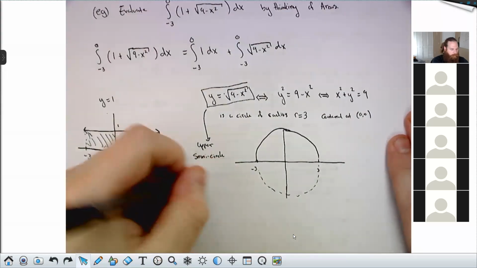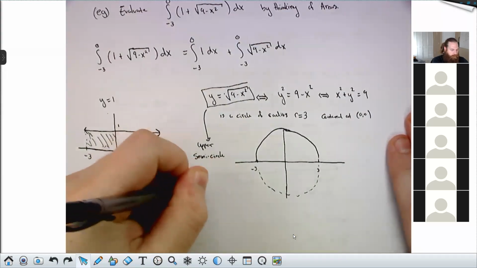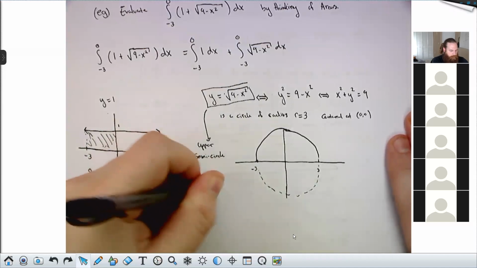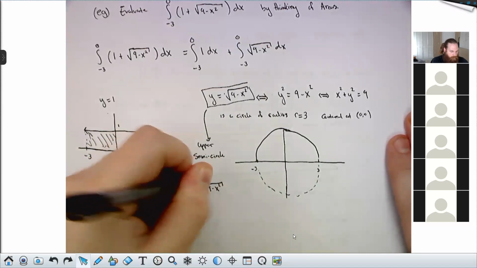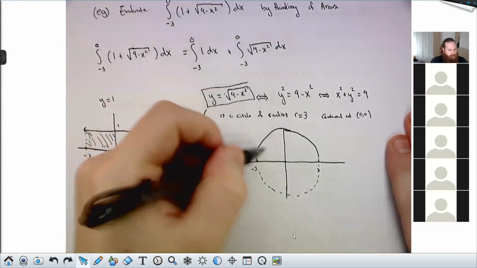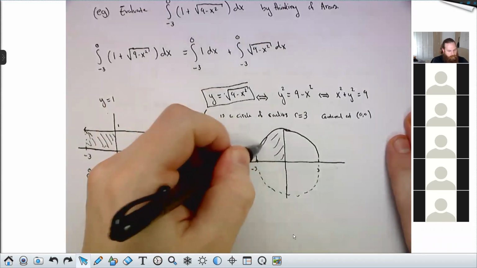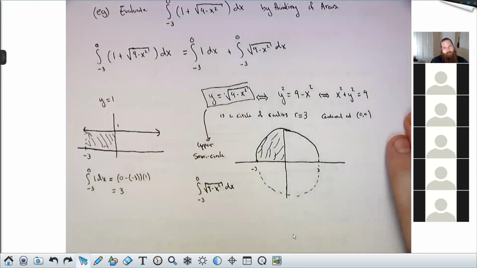Which means the integral from -3 to 0 of the square root of 9 minus x squared dx, that's this area.